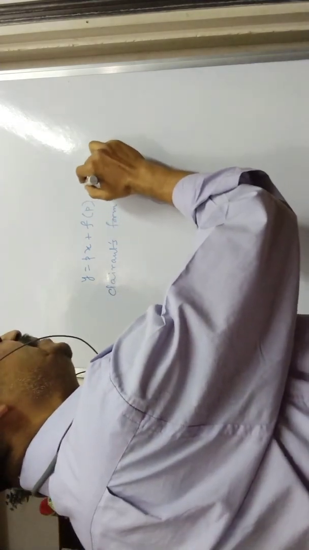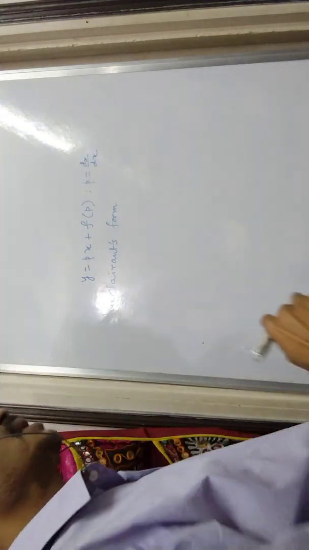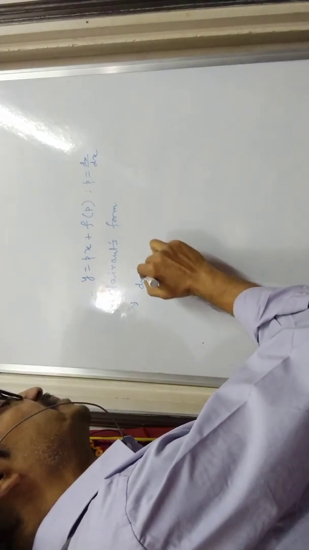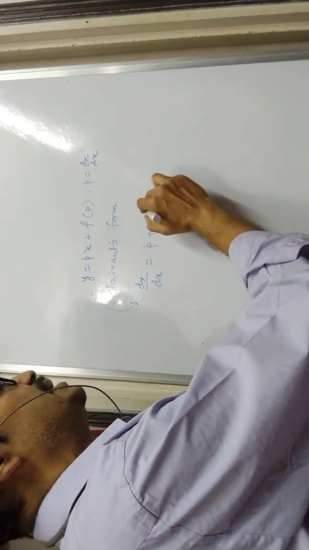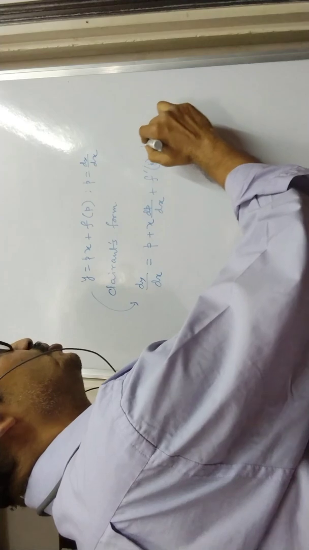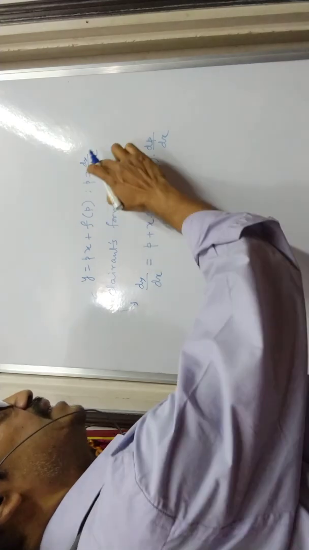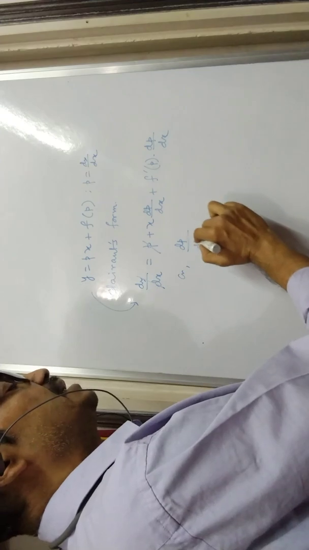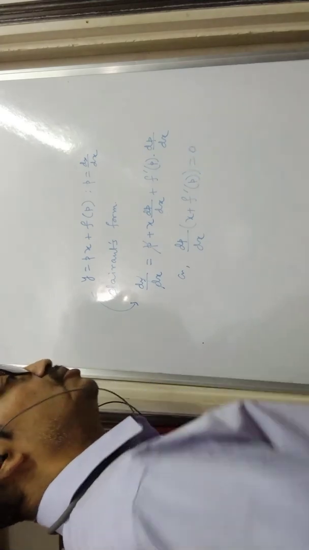We should remember that this p stands for dy dx, and whenever we differentiate this equation with respect to x, we get dy dx equal to p plus x dp dx plus f prime p into dp dx. Since dy dx is nothing but p, they cancel out, and we have dp dx into x plus f prime p is equal to 0.